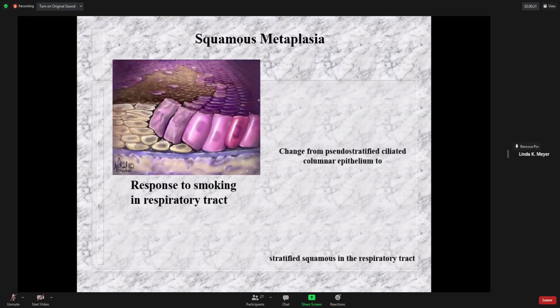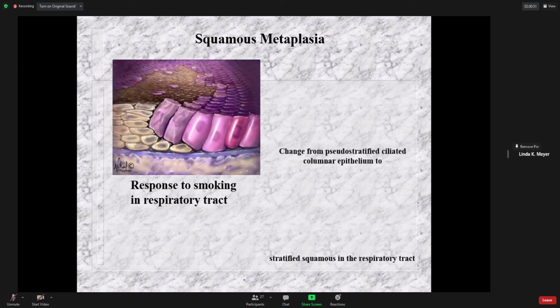Okay, there's what's called squamous metaplasia of the respiratory tract. You already know the oral cavity is lined with stratified squamous epithelium. But the rest of the respiratory tract is lined by what's called pseudostratified ciliated columnar.